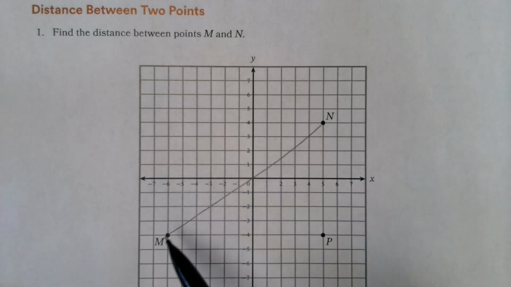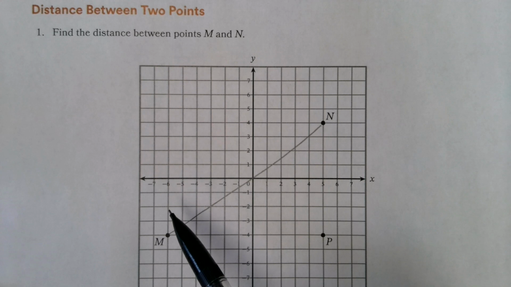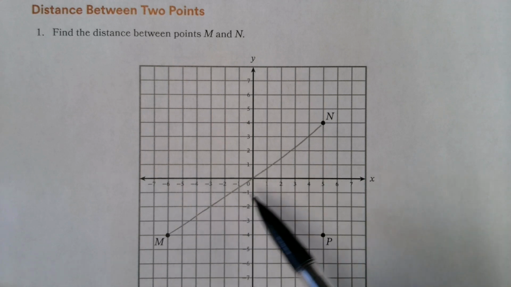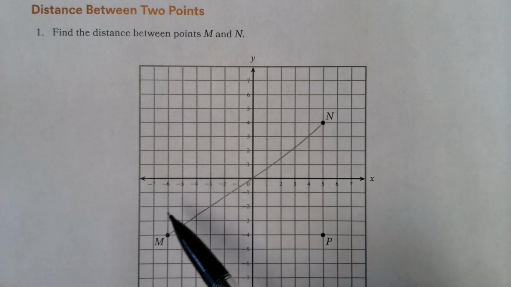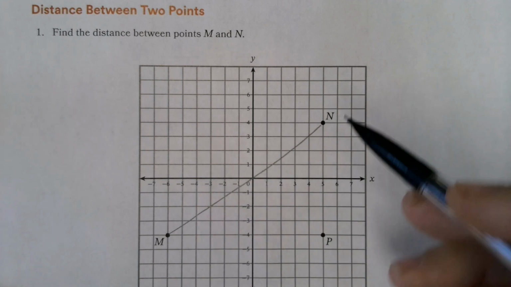Normally on a graph, if we had a horizontal or vertical line, we could just count from one point to the next. However, on a diagonal line, that is something we are unable to do, as it doesn't give us an accurate measurement.